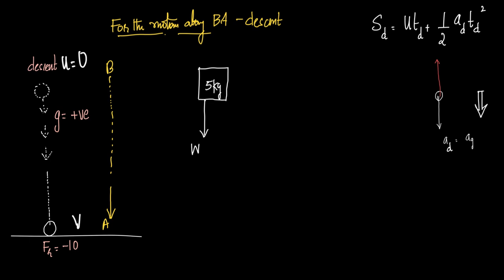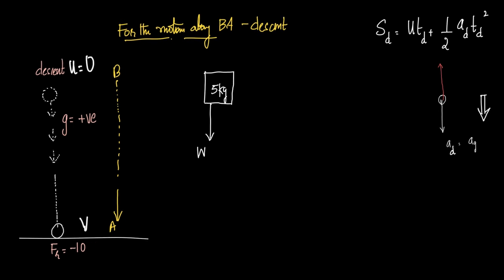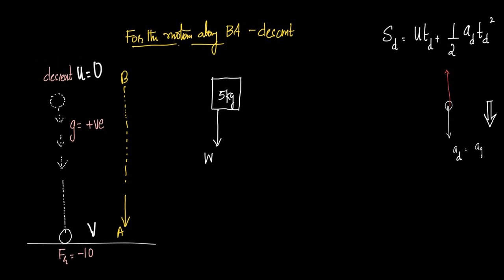we have the resistance. See, now here things become a bit conceptual to understand. Air resistance will oppose the motion, which means direction of air resistance will be opposite to the direction of motion.